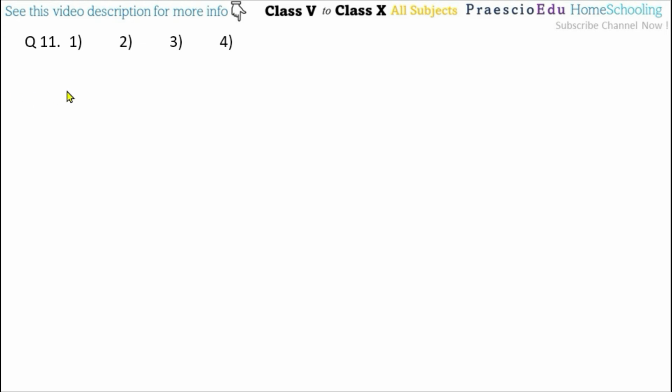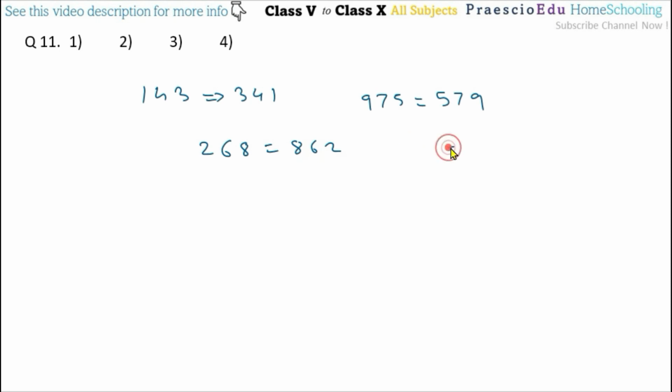Then question number 11. 143 can be written as 341, then 975 is equal to 579, then 268 is written as 862. Then how will you write the number 576 in this code?